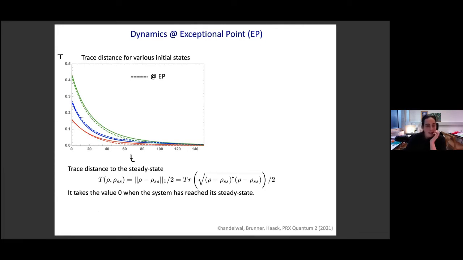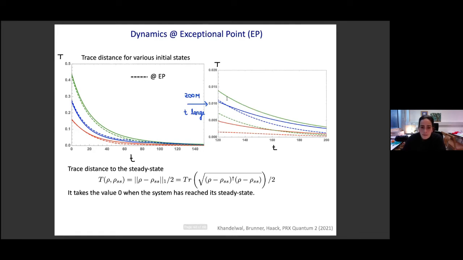Let us look at them together. We see that for the green curve, the dashed curve is below the solid curve. But for the blue one, it's not the case, at least on the time scale we can see here. For the red one, it's below and close, and then it's below again. So we want to understand a bit more.